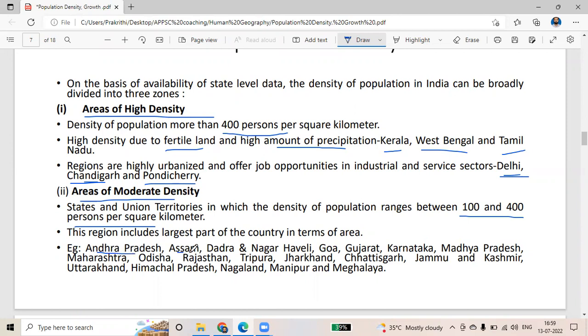Andhra Pradesh, Assam, Dadra Nagar Haveli, Goa, Gujarat, Karnataka, Madhya Pradesh, Maharashtra, Odisha, Rajasthan, Tripura, Jharkhand, Chhattisgarh, Jammu Kashmir, Uttarakhand, Himachal Pradesh, Nagaland, Manipur, and Meghalaya. So lot of areas comes under this region.